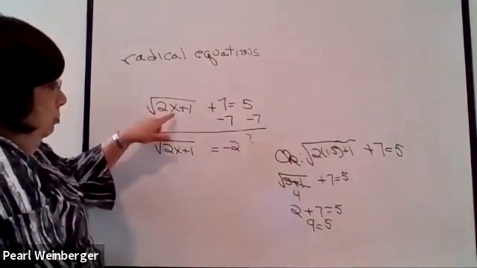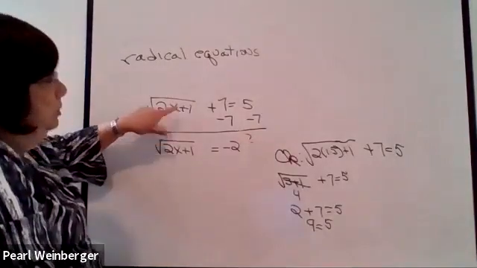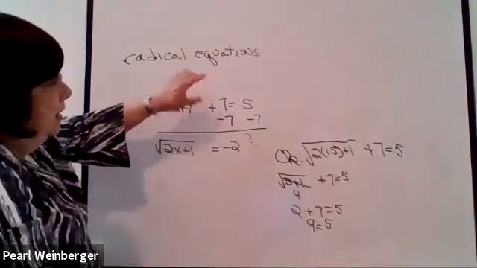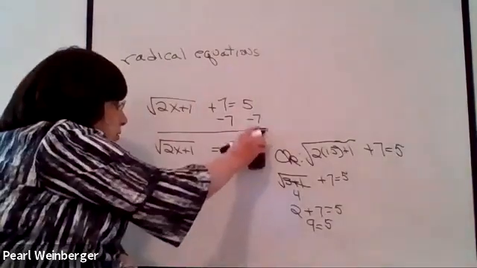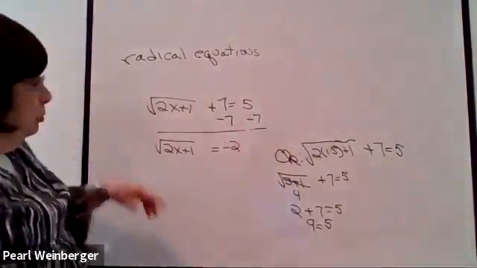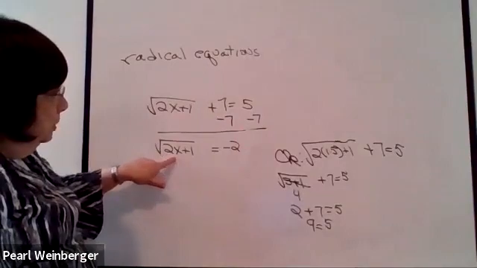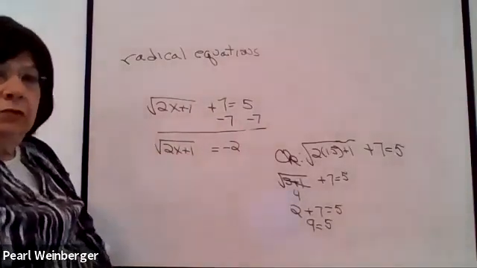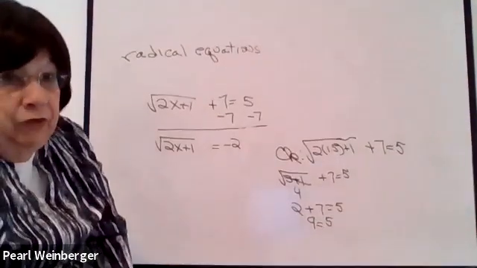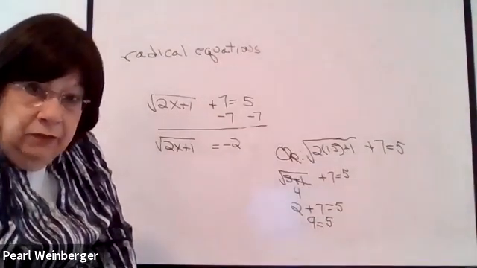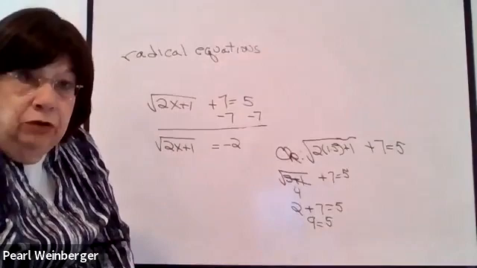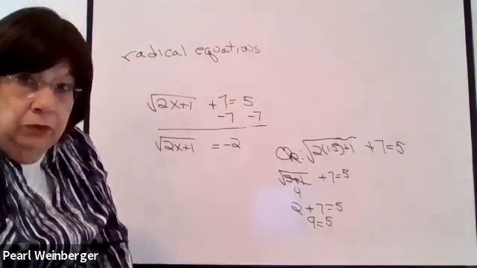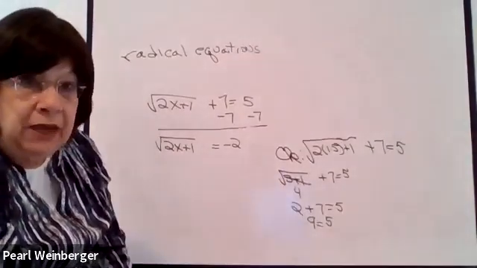I knew that when I have a radical equation, the first step has to be to isolate the radical. So then I ended up with the square root of 2x plus 1 equaling -2. If you recall what I said at the beginning of this chapter, whenever you take the square root of a number, the answer is always positive.